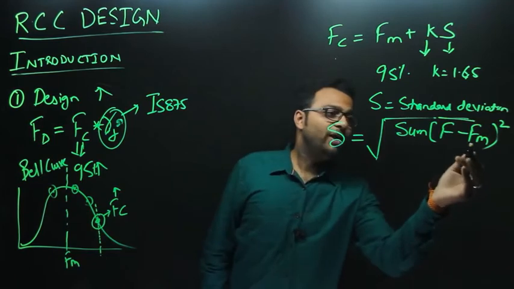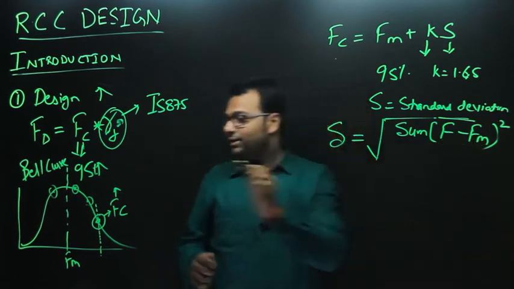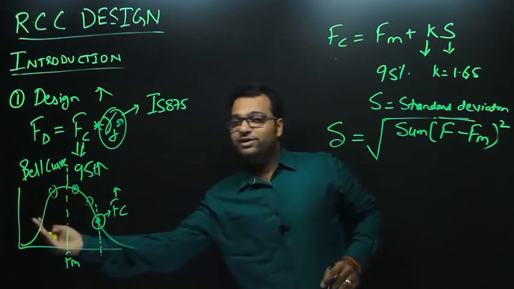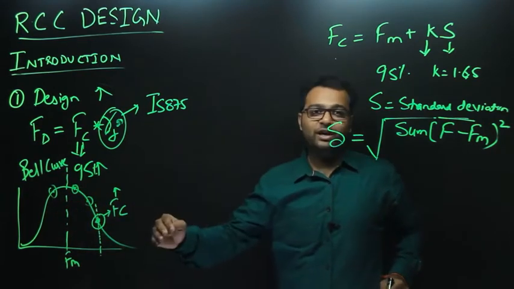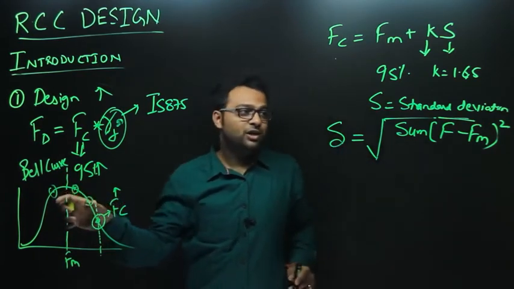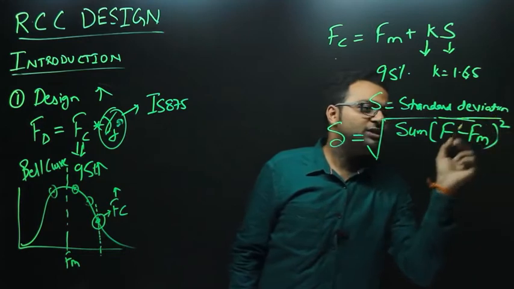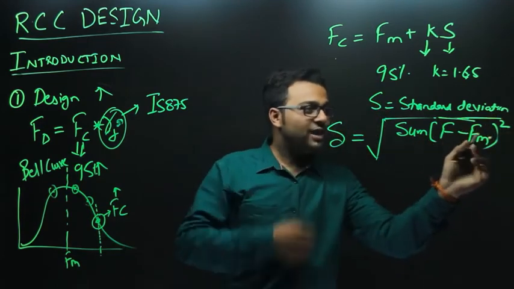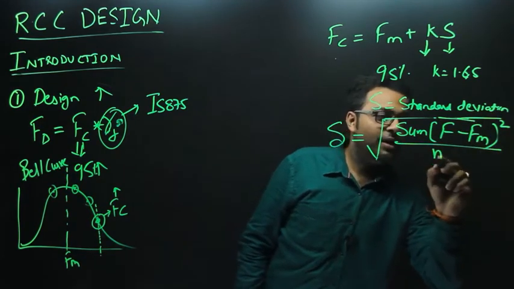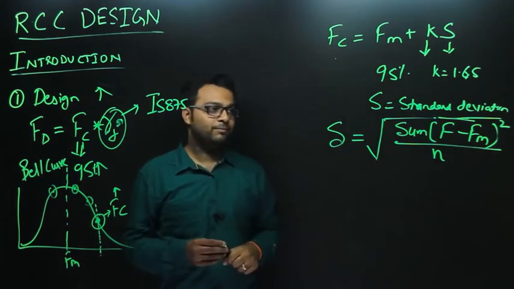The reason I have squared it is that if I don't, there will be some values on the left side of the mean and some on the right side, and these two will cancel each other out. We don't want them to cancel out. So it is F minus Fm whole square, divided by the number of samples which we have taken.